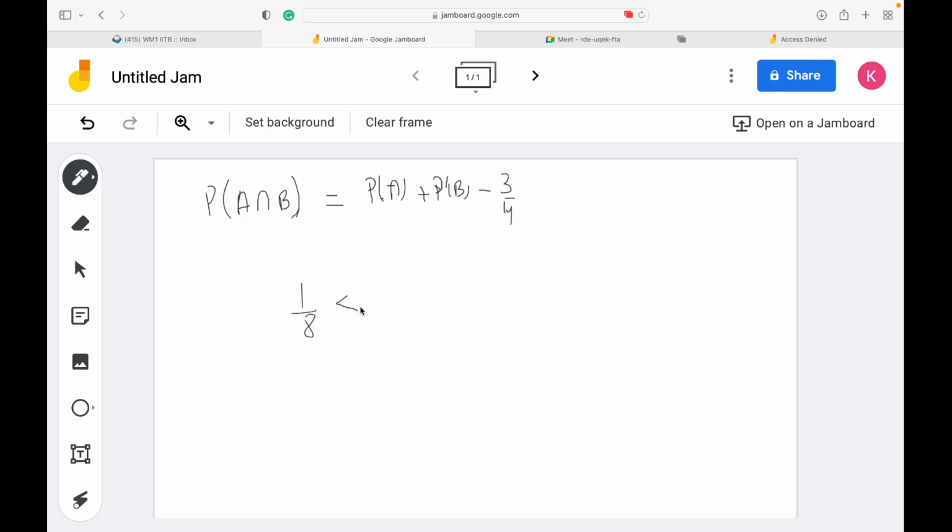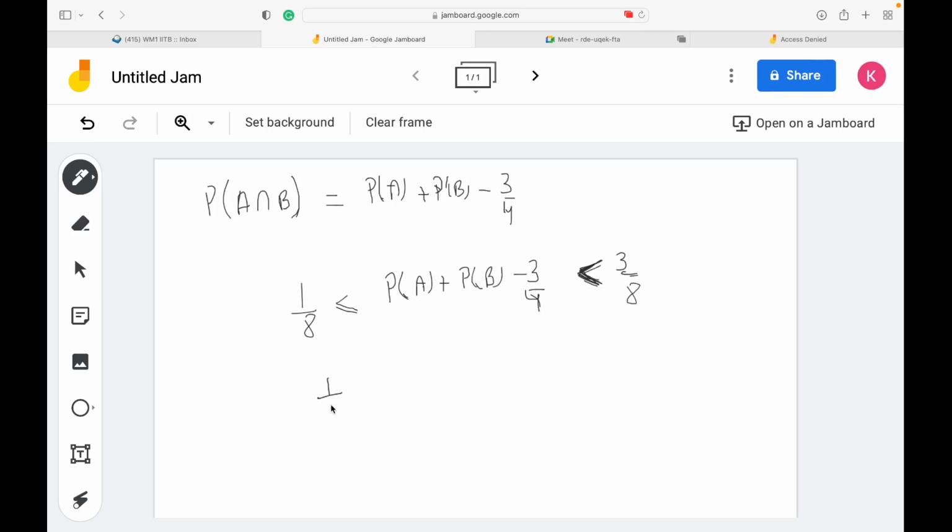So 1 by 8 is less than PA plus PB minus 3 by 4, and it is less than 3 by 8.